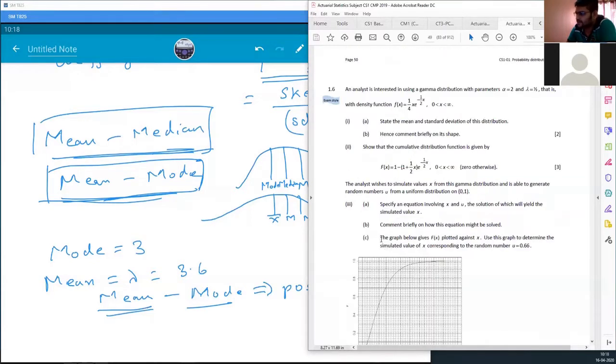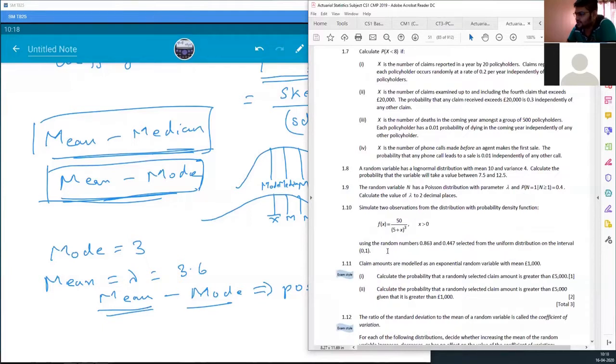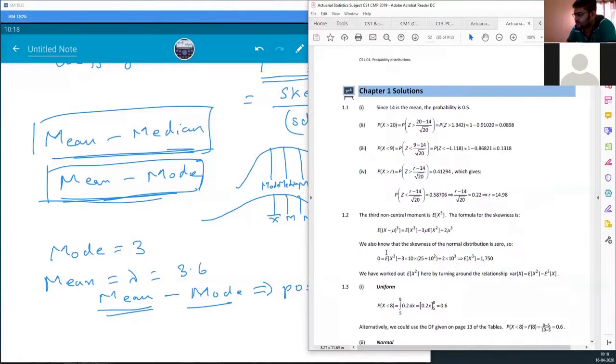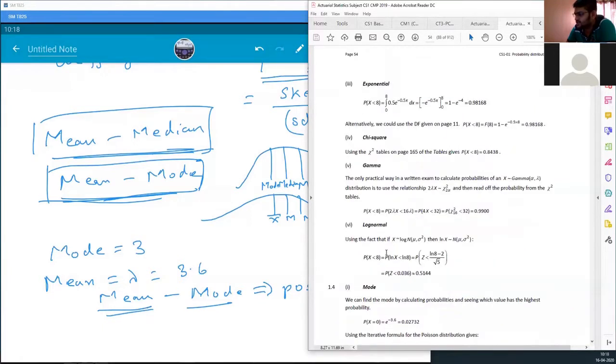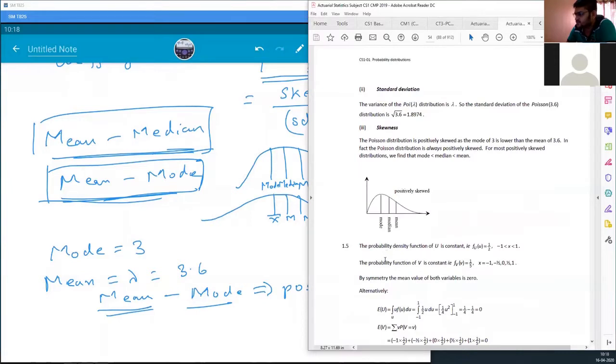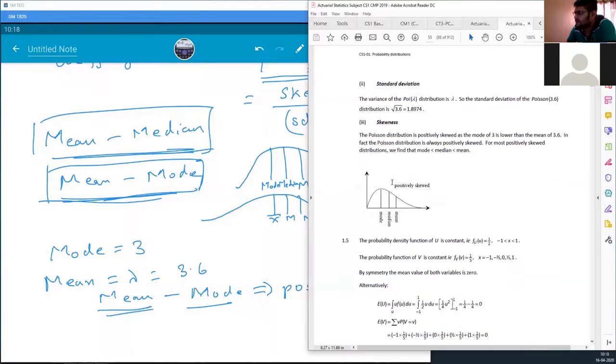So here, if we look at the solution of 1.4, even I don't know what the solution says. So it found the mode, and then for skewness: the Poisson distribution is positively skewed as the mode of 3 is lower than the mean of 3.6. Because this is the general sequence, this is what I was saying: for positively skewed we have mean, then median, and then we'll have mode. Okay, so this will always be the sequence in any distribution.